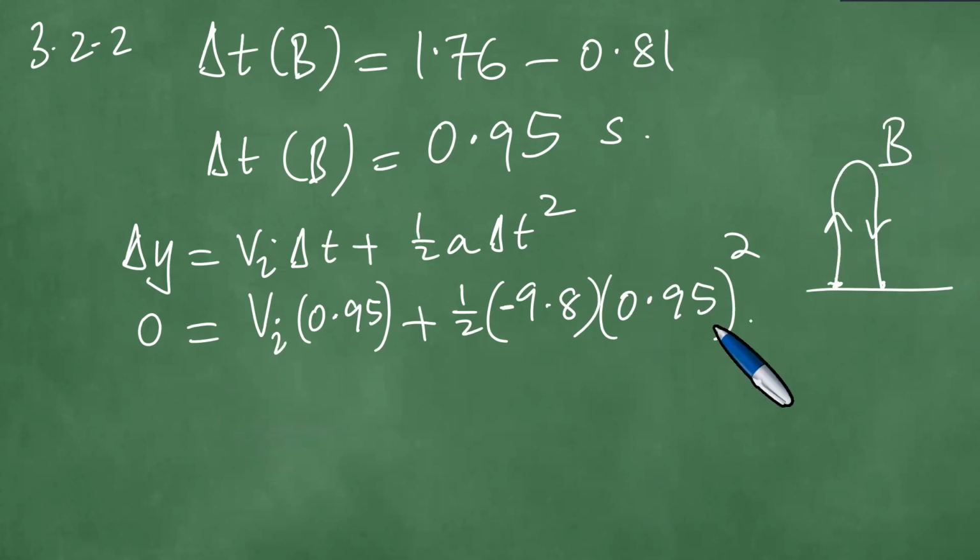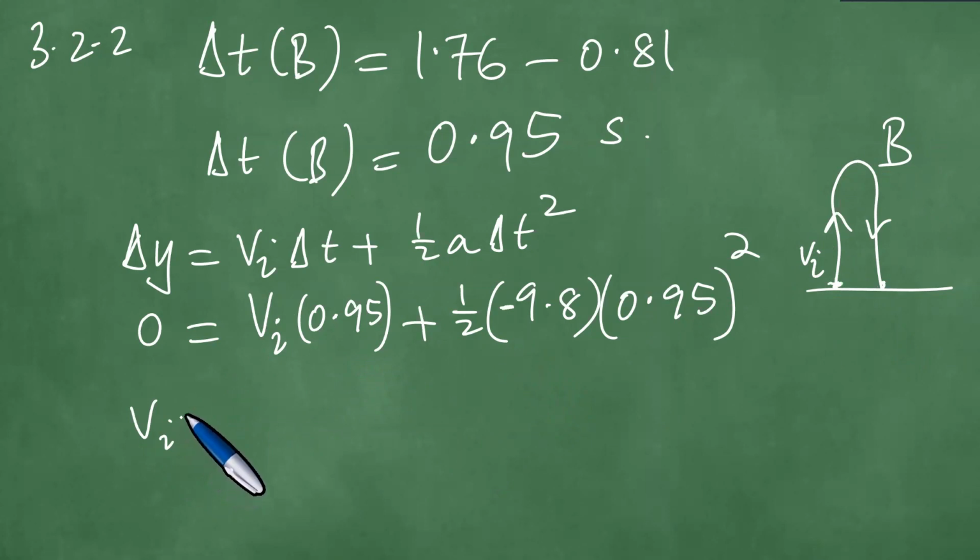Now, the initial velocity that we projected is what we want to find. The time taken is 0.95. That's half into minus 9.8, 0.95 squared. The answer is negative 3.47225.